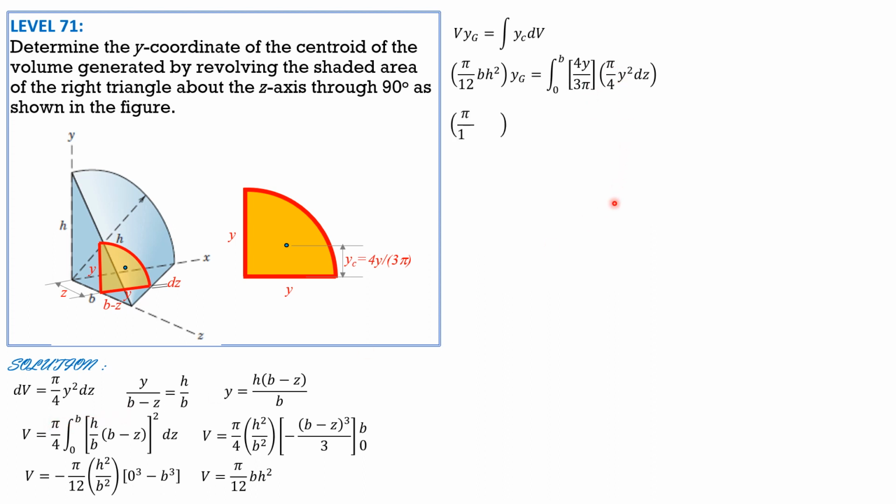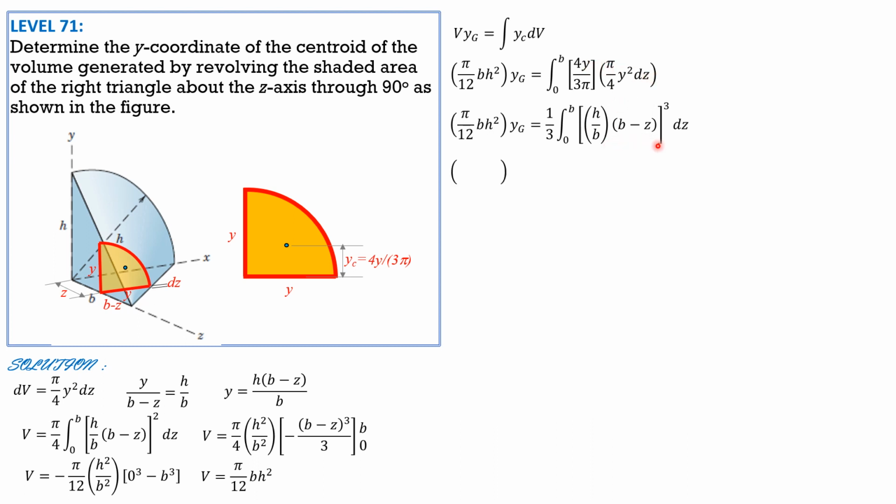So simplifying, pi over 12 bh square yg equals 1/3 integral from 0 to b of h over b minus z quantity cube dz, wherein this is equal to y because we have y cube here.